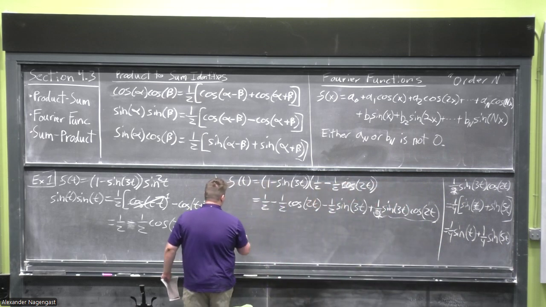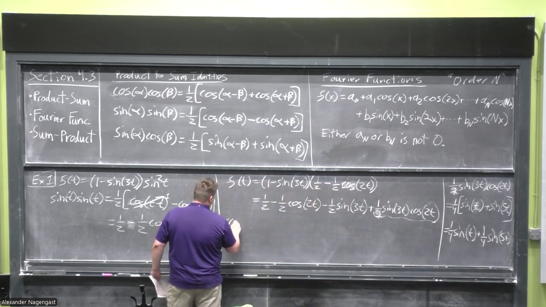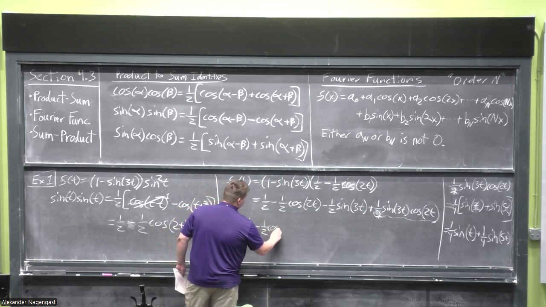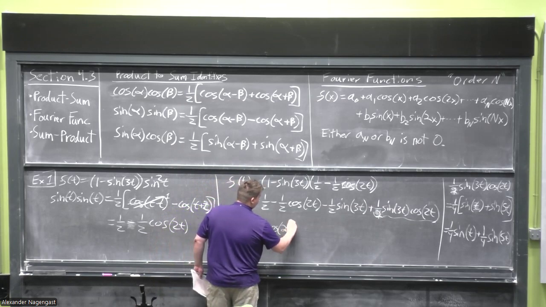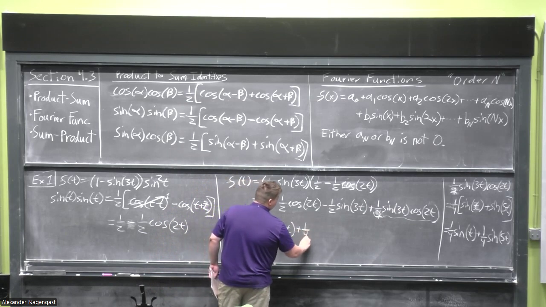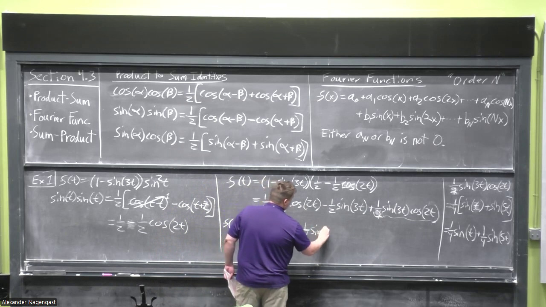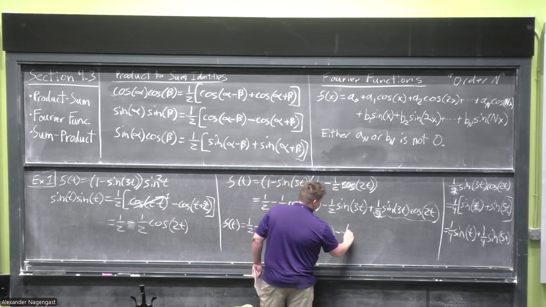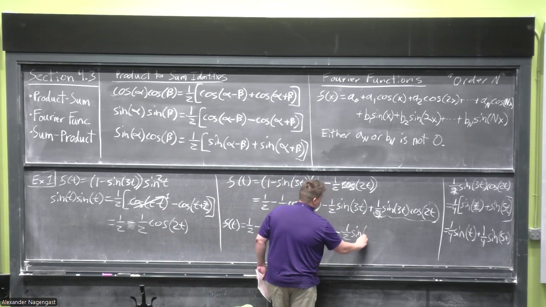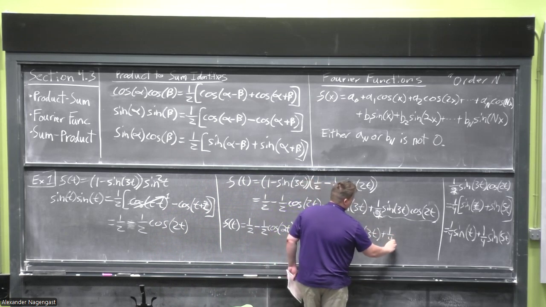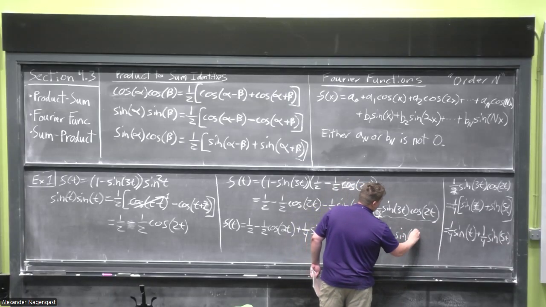So when written out, we have f of t is equal to 1/2 minus 1/2 cosine of 2t. And now I'm going to have plus 1/4 sine of t minus 1/2 sine of 3t plus 1/4 sine of 5t.